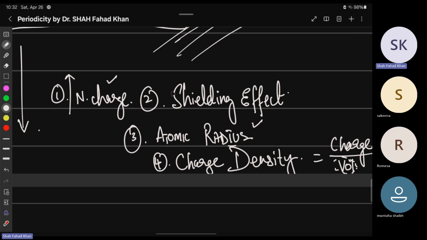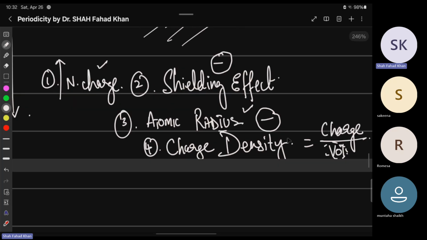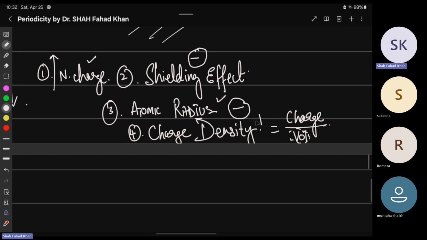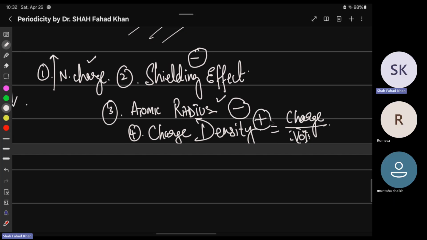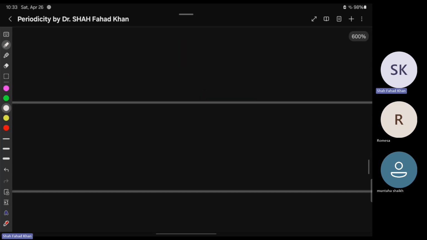Increasing the shielding effect is going to decrease the ionization energy, so negative impact. Increasing the atomic radius is also going to decrease the ionization energy. But increasing the charge density is going to increase the ionization energy. That's how they are related.